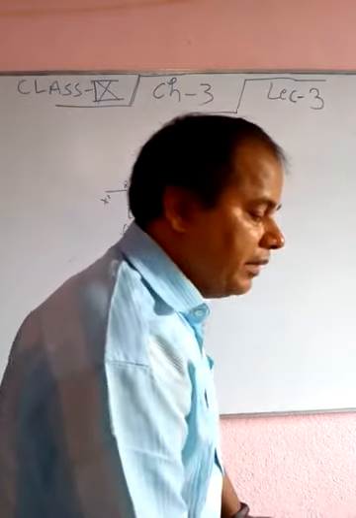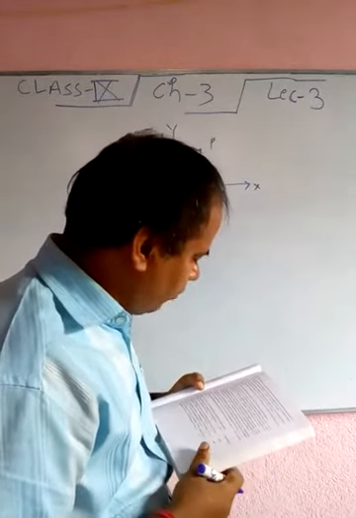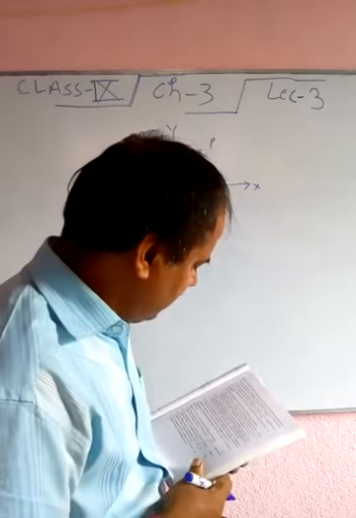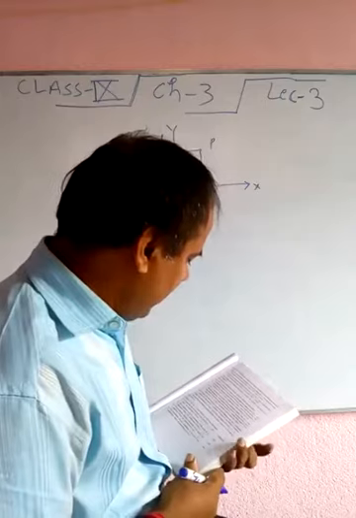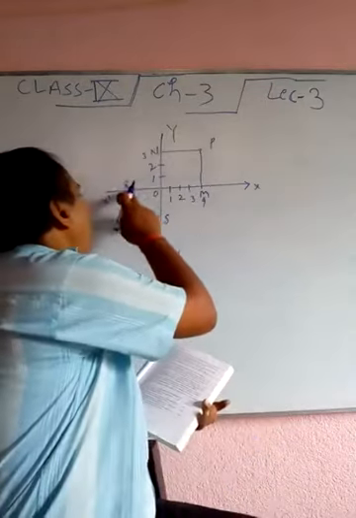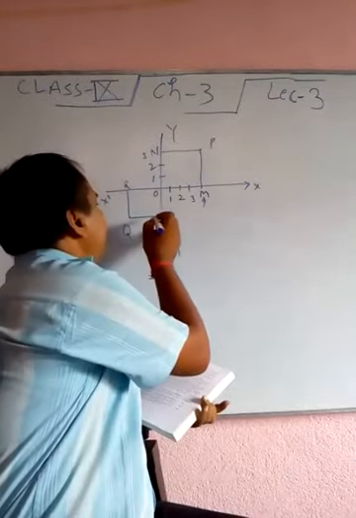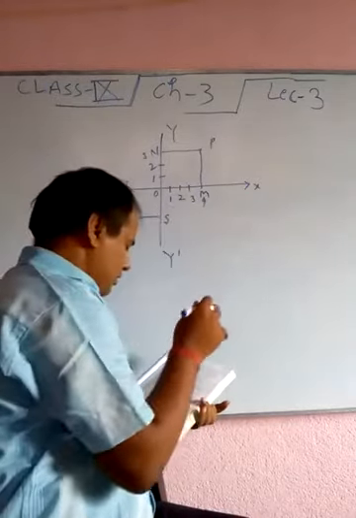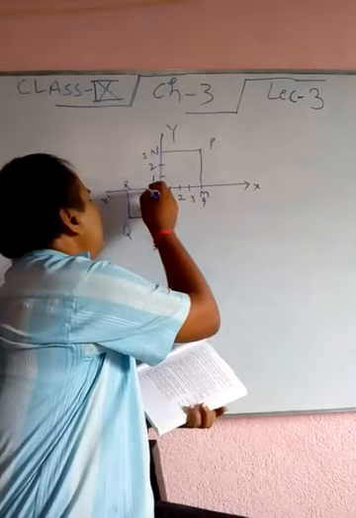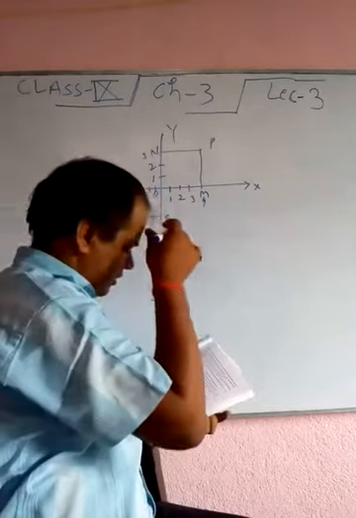Next, page number 57. The perpendicular distance of the point Q from the y-axis measured along the negative direction of the x-axis is OR equal to SQ equal to 6 units. That means 1, 2, 3, 4, 5, 6.